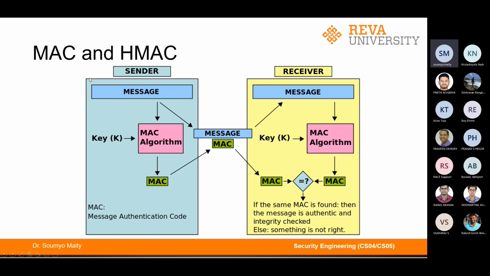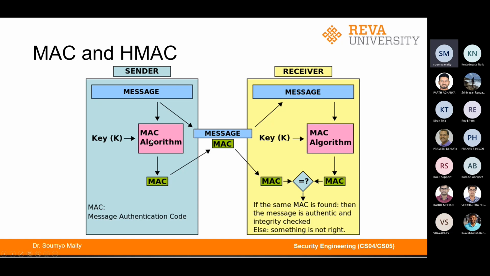The first, simple MAC is like this. When the sender has a message, it simply creates the digest or the hash of the message, applies a hash function, sends the message, and sends the hash separately. The receiver receives the message, and in a separate communication he gets the MAC, the hash value. He applies the hash function on the message, finds the hash, and checks whether it matches.